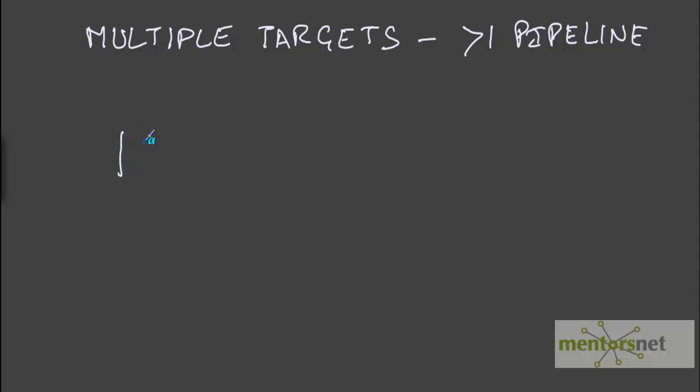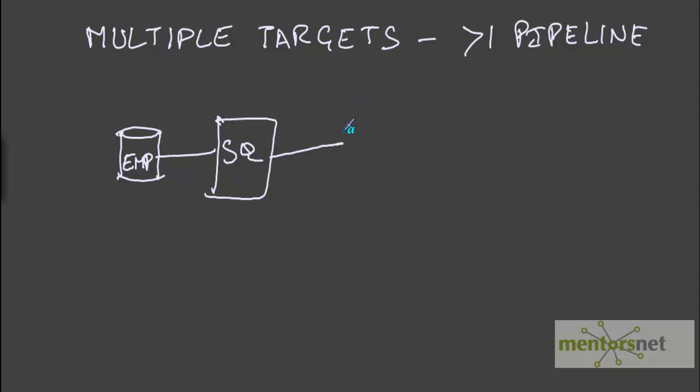There is a source table which is maybe EMP, and then there is an Informatica source qualifier transformation, and now there is a target which is a table here, the EMP table.